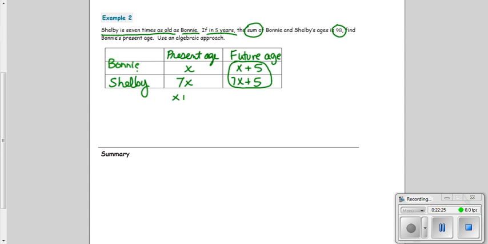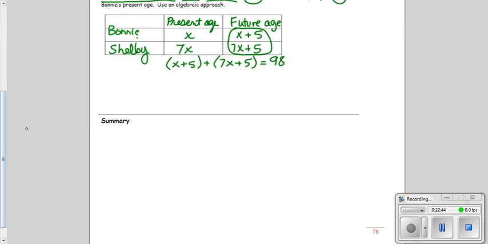So we'll write that out. x plus 5 represents Bonnie's age, plus Shelby's age, represented by 7x plus 5, and the sum is 98. And we'll solve for x. When we solve for x, we'll be finding Bonnie's age. So this is all addition. Since it's all addition, you can remove the parentheses.